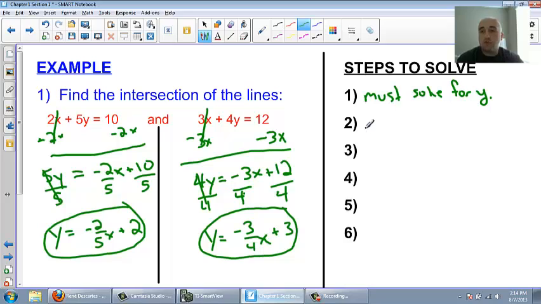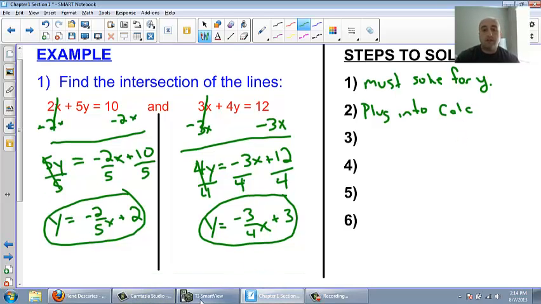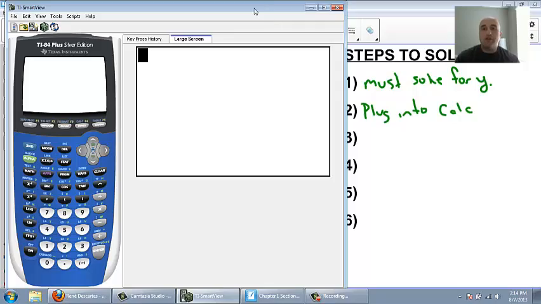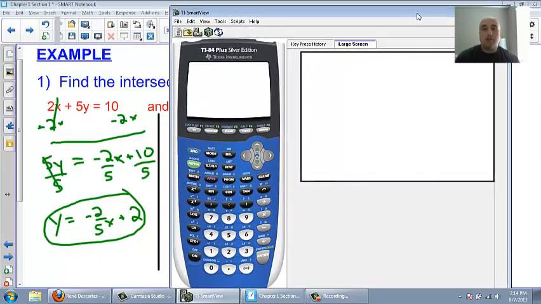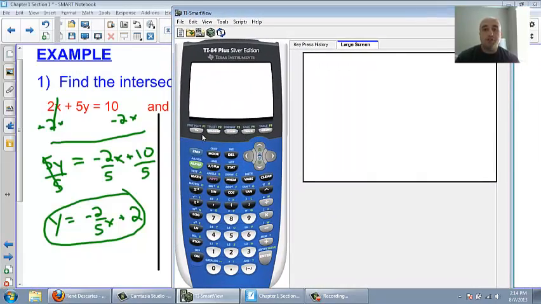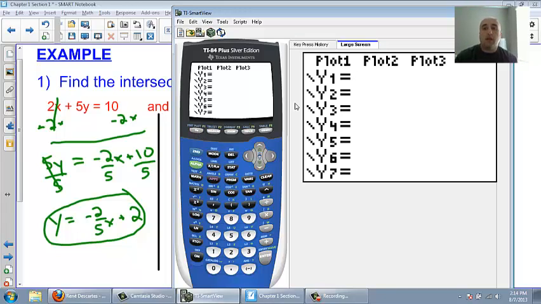Second step is to plug into calc. We're going to go to the calculator and plug our two equations in. First, hit y equals, the very top left button, and make sure all of these y's are blank.